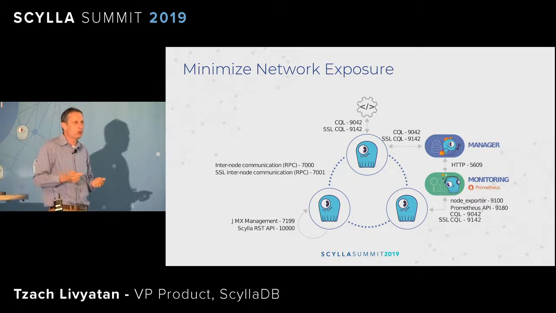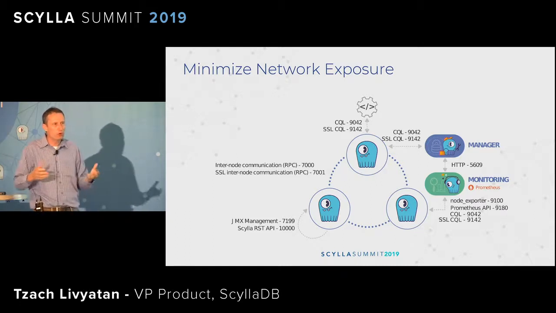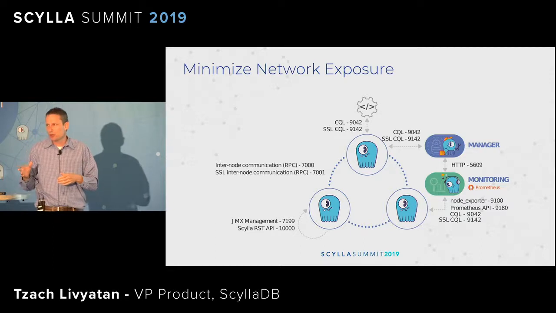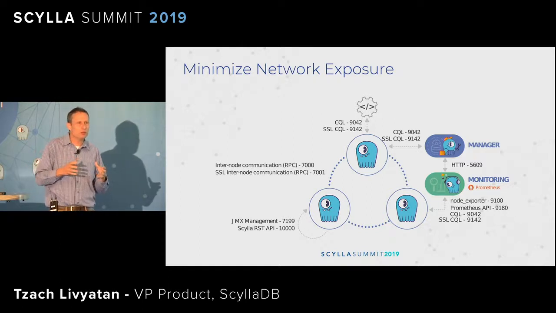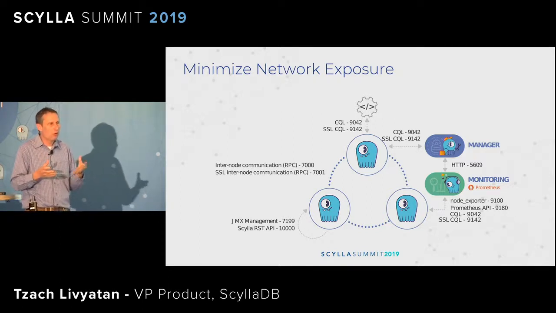So the best thing will be to create a firewall rule, or if you're using AWS, a security group, and define all of those parameters in a way that you limit your access just to valid IPs and valid ports.